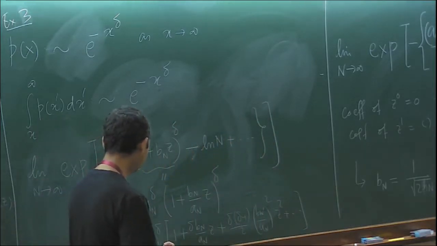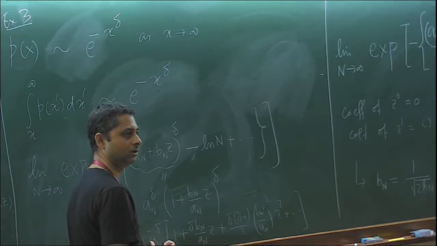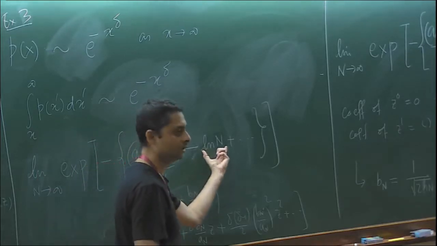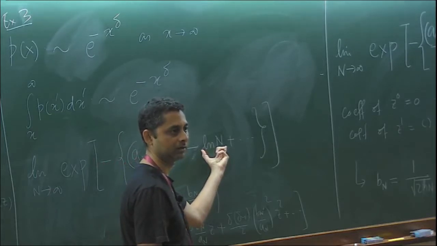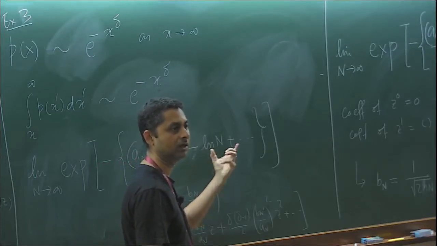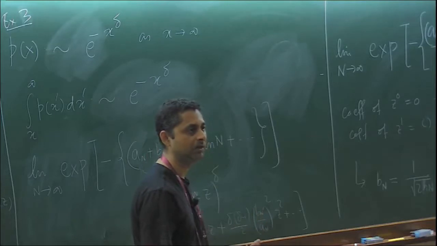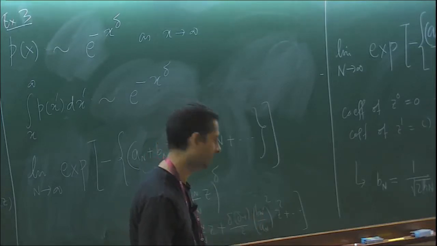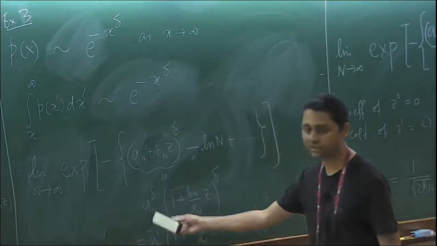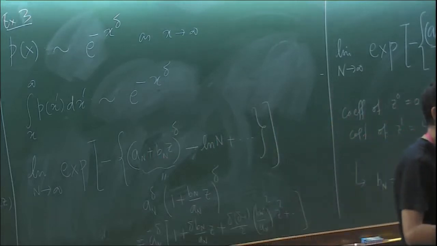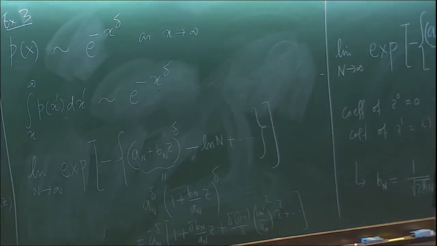So now what is the coefficient of z to the power 0? An to the power delta, and that should be like log n. Then you will not have any n dependent term there, right? So it's up to us how we choose an and bn.